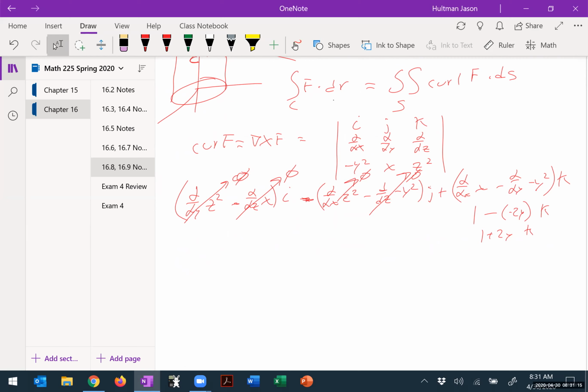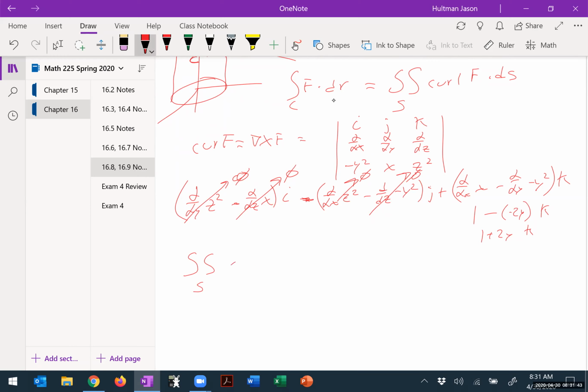So we have this S, and then the curl of f dotted with dS. So this is 1 plus 2y k dotted with dS. Well, let's not worry about that just yet.